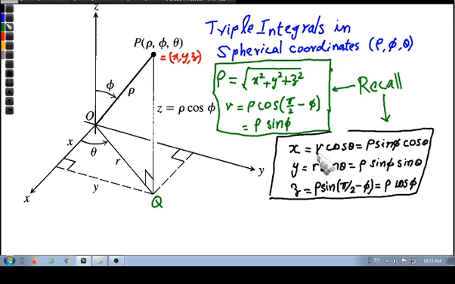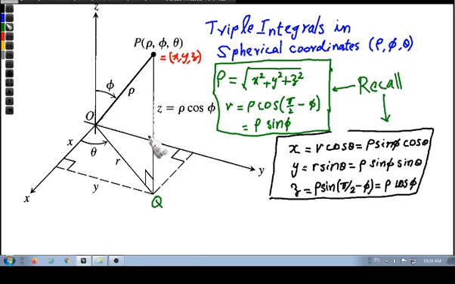So substitute for r here. You will get x is equal to r cos theta, which is equal to rho sin phi cos theta. Y is equal to, from this right angle triangle again, r sin theta, but r is this, so rho sin phi sin theta. And what is z?